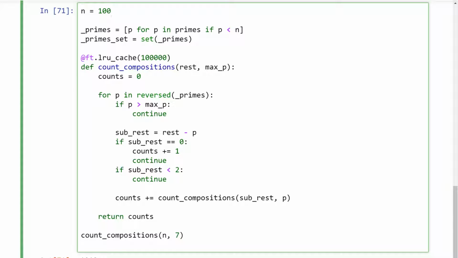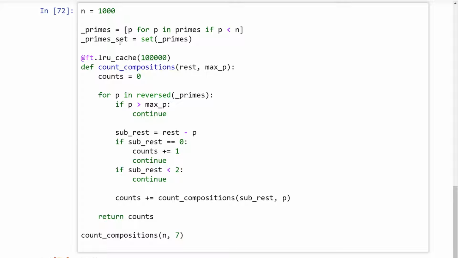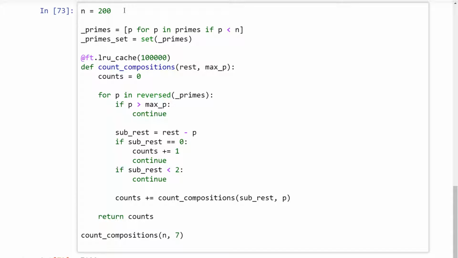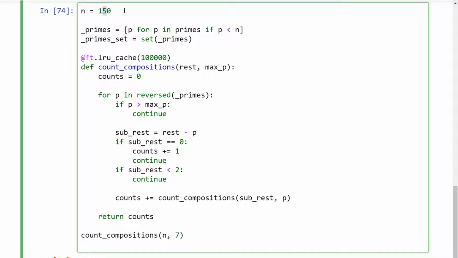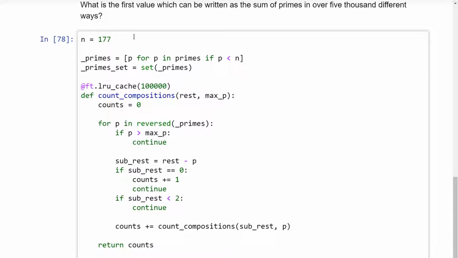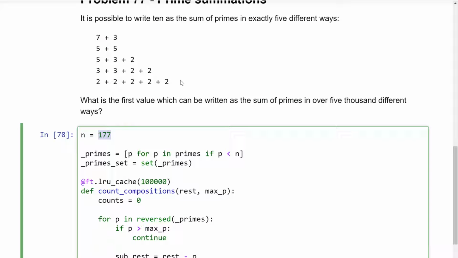Apparently not too bad. It says exactly, what is the first value which can be written as the sum of primes over 5,000 different ways? So it's 177. I think so.